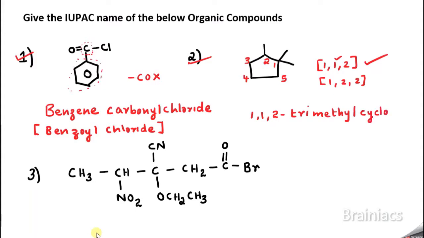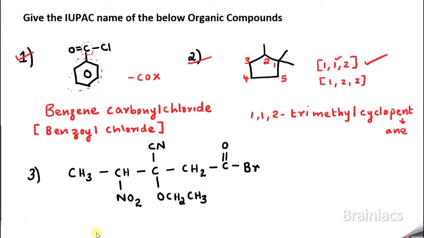Then the word root contains 5 carbon atoms, so we use the term pent. Now all are linked through single bonds, so I can say pentan, and there are no other functional groups, so I can say e. So the answer should be 1,1,2-trimethylcyclopentane. Since there is no space, I am writing it down.